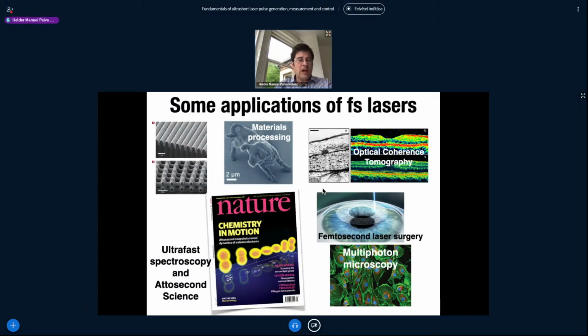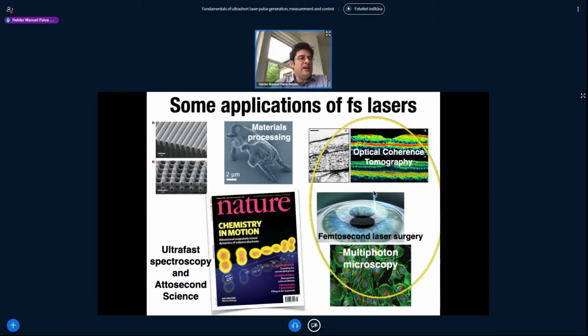And you also have very important applications in biomedical engineering and bioimaging, namely optical coherence tomography that you've heard about already, and femtosecond laser surgery, and multiphoton microscopy. And again, these applications and others are particularly important for this school, because they concern biomedical applications of lasers.